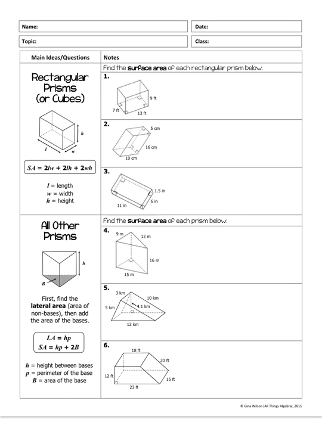So first of all, regular prisms or cubes, and this is the formula to calculate surface area. That's what SA stands for. What does surface area mean? It means that it's every single surface, and there are 6 surfaces in a rectangular prism.